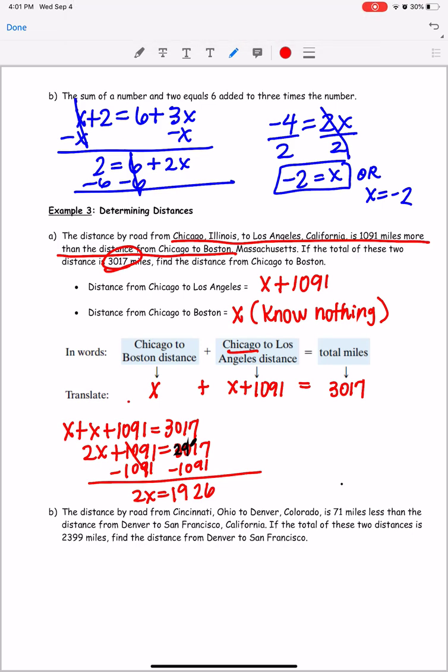So now divide. We're going to divide both sides by 2. Okay, I'm going to take that away just so I can read the problem here in a second. But divide both sides by 2. So I'm going to come over here. 2 divided by 1926. So 2 can't go into 1.